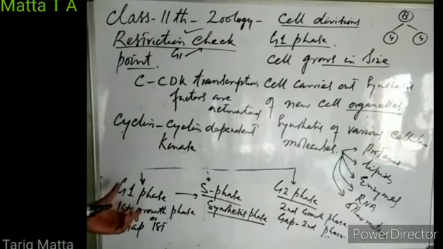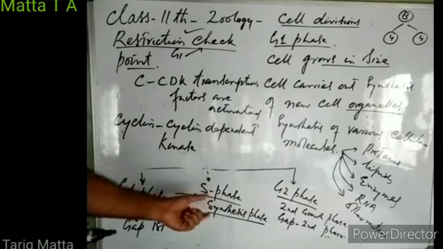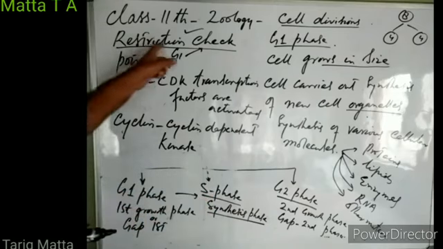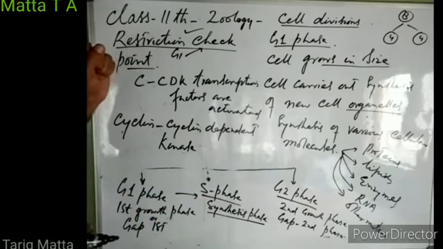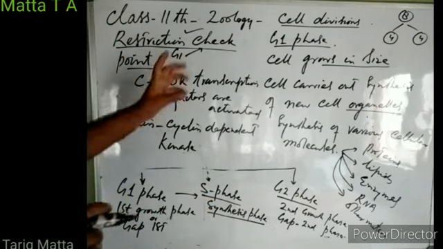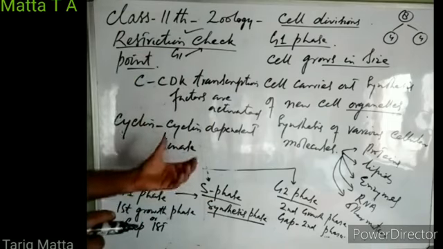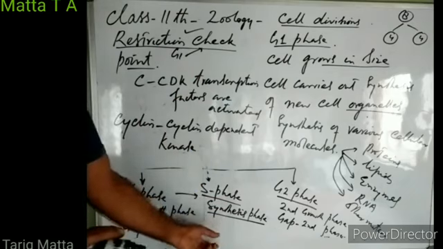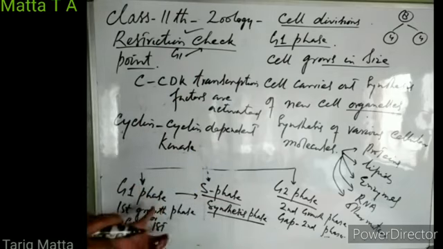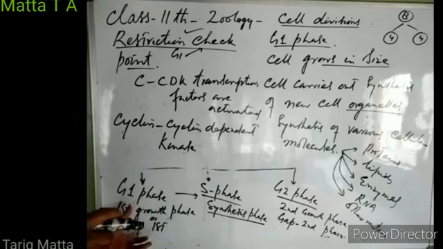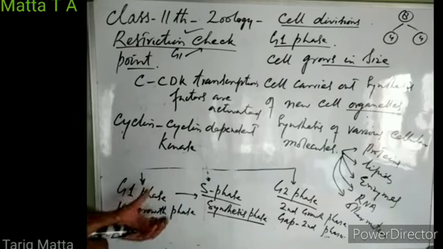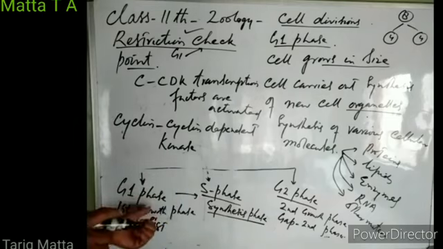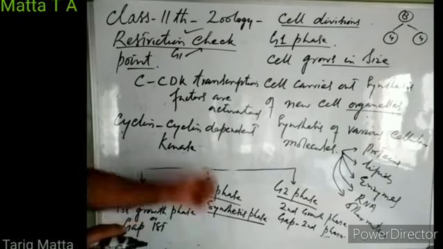For going from G1 phase to S phase, a cell has to pass this restriction checkpoint or G1 checkpoint. At this point, a cell must have all the necessary enzymes which are required in the process of DNA replication. If this cell possesses all these enzymes, if these enzymes are all activated in G1 phase, then only the cell will go from G1 phase to S phase.